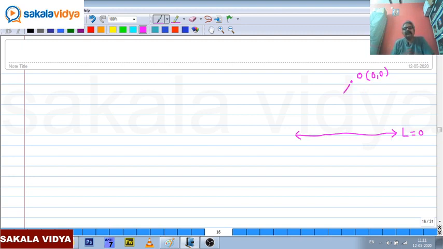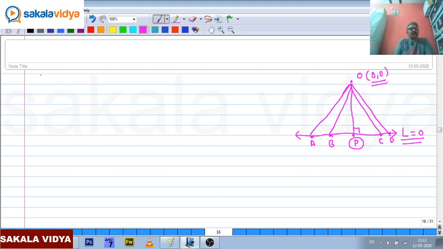So you draw the distances like this. Of all the distances, the perpendicular distance will be the smallest. Am I correct? For example, this point, this point, and this point, and this point, and this point. Say these are points A, B, P, C, and D. Which will be the nearest? P. This P is called the foot of the perpendicular from 0, 0 on the line L is equal to 0. That we need to find out.